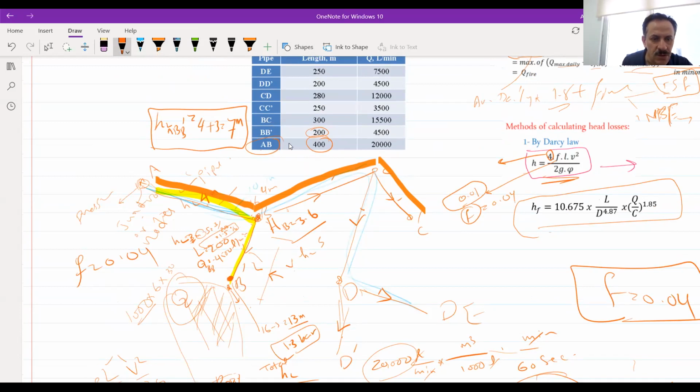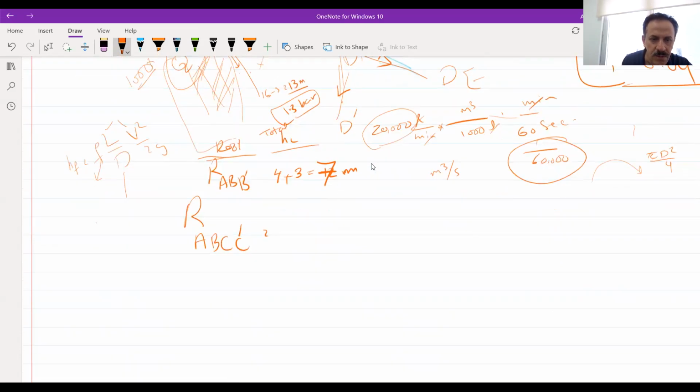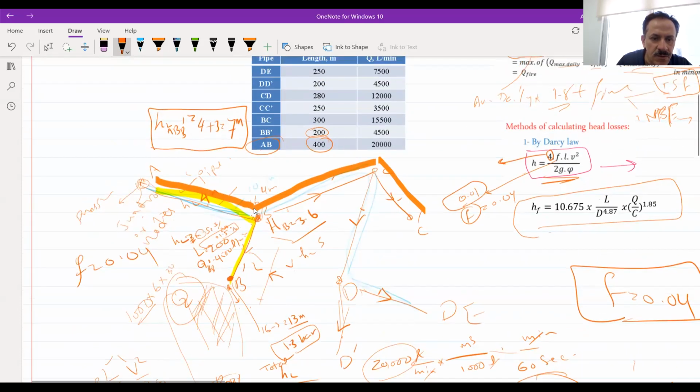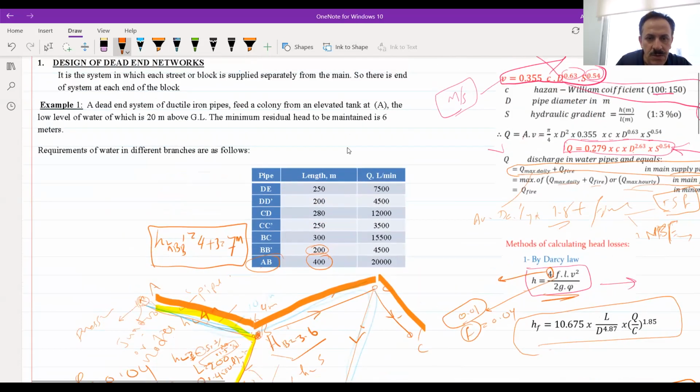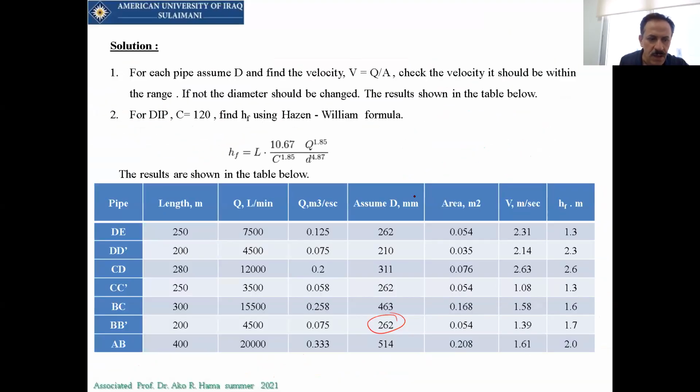It will be the head loss from A to B, which is 4, plus the head loss from B to C, which you have to find again, but I have it in the lectures. So from AB, from BC, here is the BC. What will be the head loss?